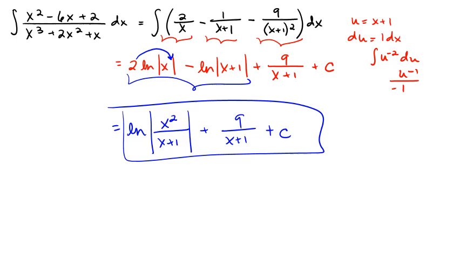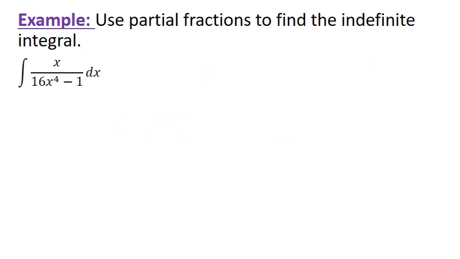Moving right along to yet another example. Okay, so here, just like before, we want to factor the denominator. When I factor this, this is a difference of 2 squares. So I know that this factors into 4x squared plus 1 times 4x squared minus 1.